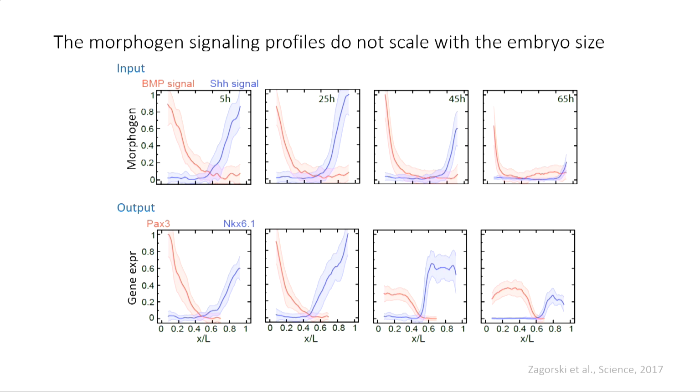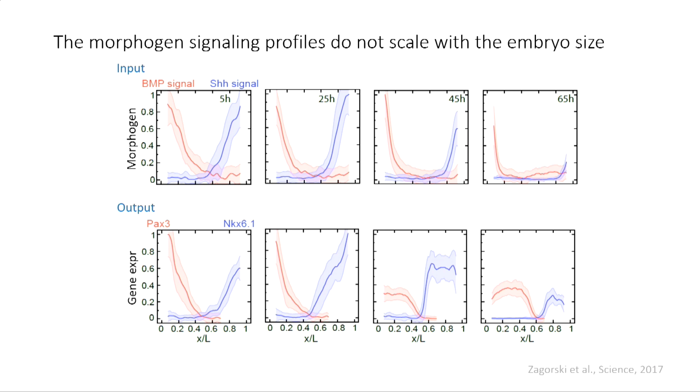But because this is in relative units, where you divide the position by the length of the tissue, and keep the constant decay length of each of the morphogens, if the tissue is growing, you have the morphogens moving away from each other. So this is different than, let's say, in Drosophila, where we had the scaling of the signal. Here it doesn't scale. If you would be at a specific position, it would change over time.